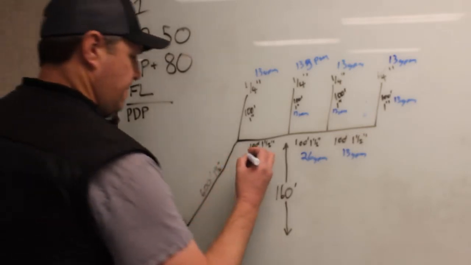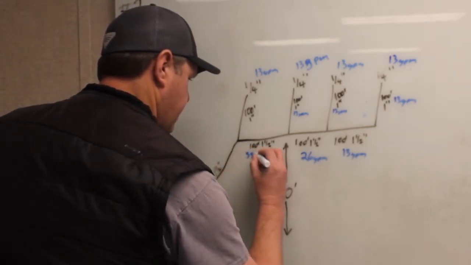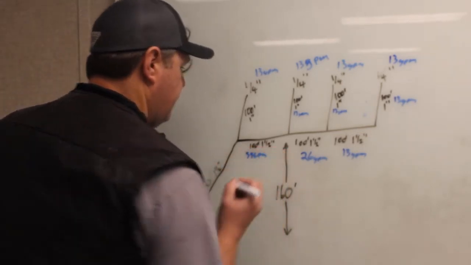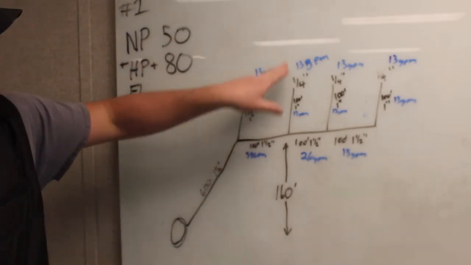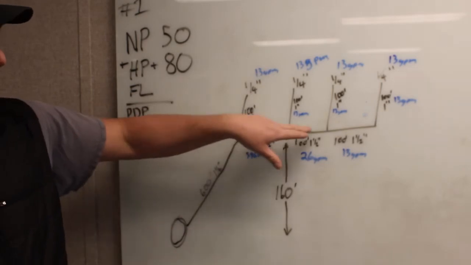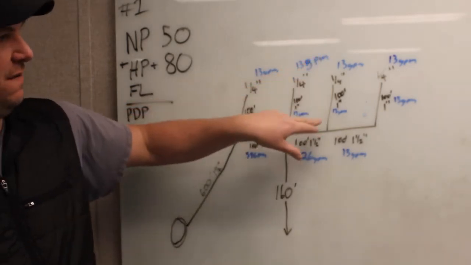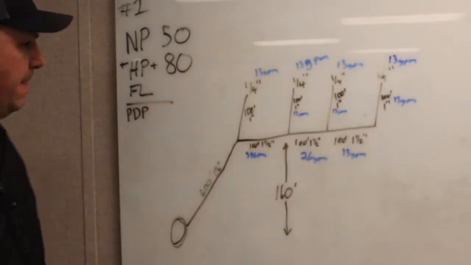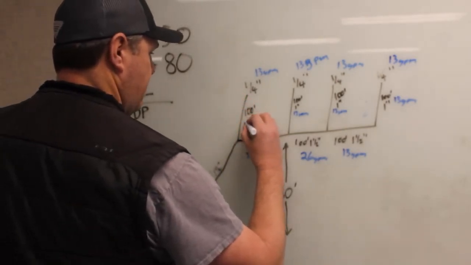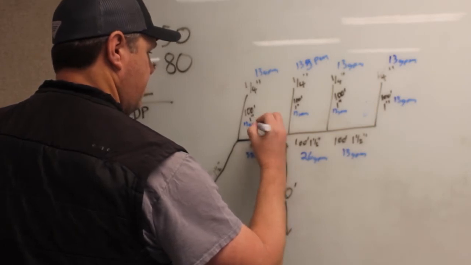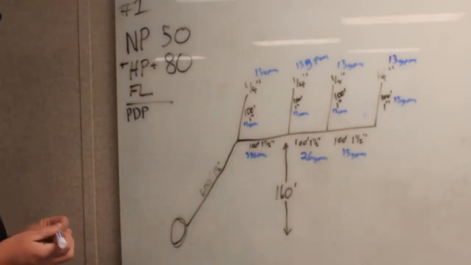It's 39. So 39 gallons per minute flows through this piece of 1.5 hose. 13 comes off and 26 keeps going. 13 comes off and 13 keeps going. Last lat, also 13 gallons per minute.